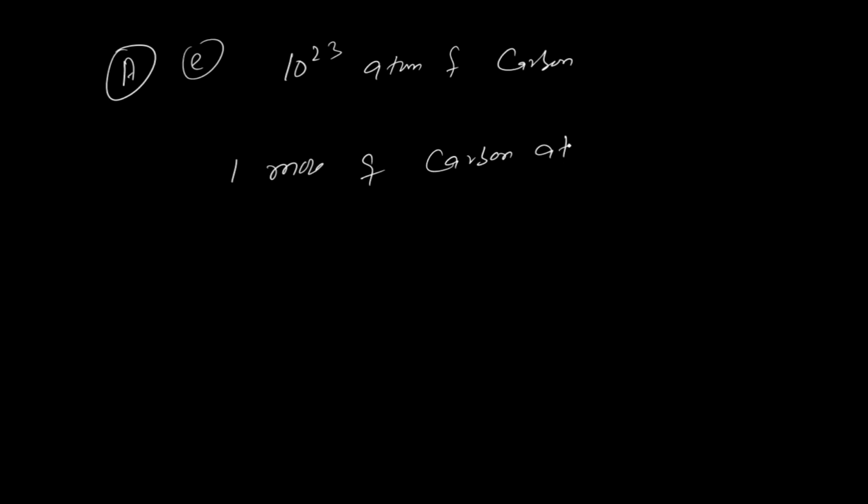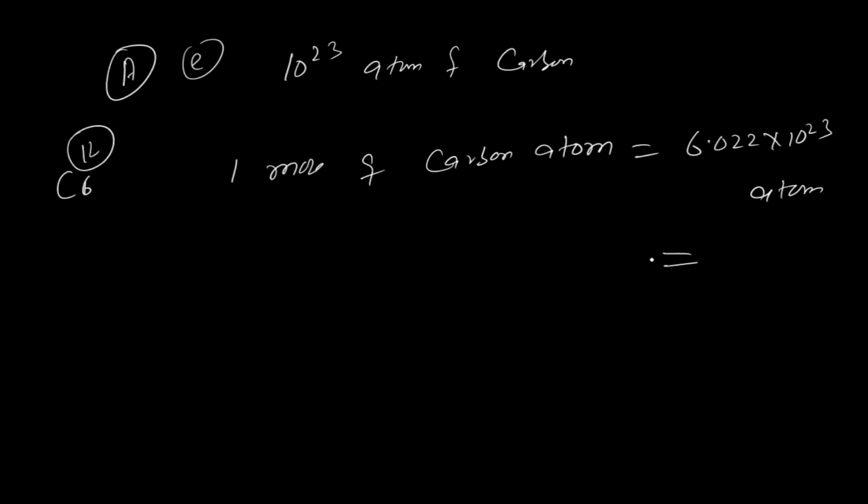10 power 23 atoms of carbon. First you should know 1 mole of carbon atom is equal to 6.022 into 10 power 23 atoms, and this is equal to gram atomic mass, and carbon has atomic mass 12, so it will be equal to 12 gram.